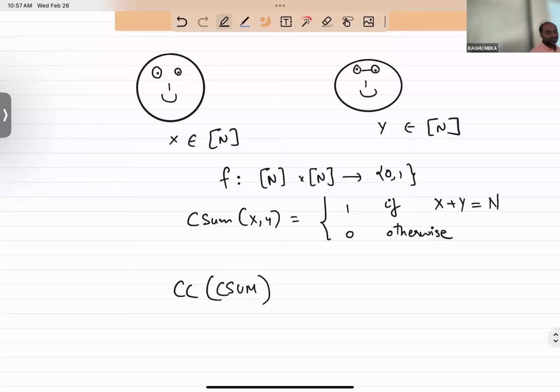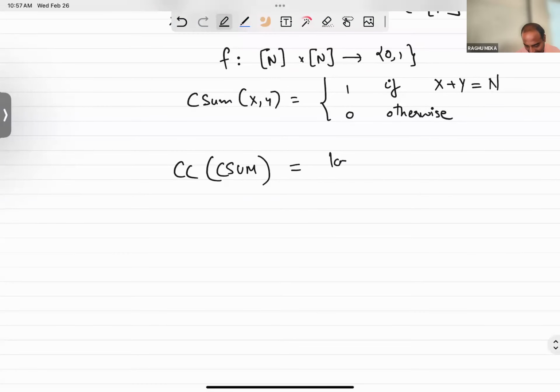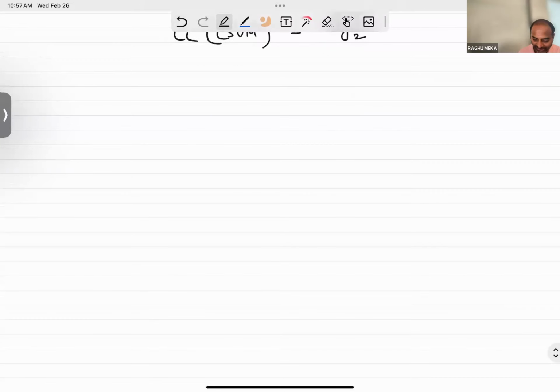So the communication complexity of checksum is also exactly log N base 2. You cannot do anything better than sending my number across, which takes log N bits because I can send the binary representation. So this is well understood, all done.